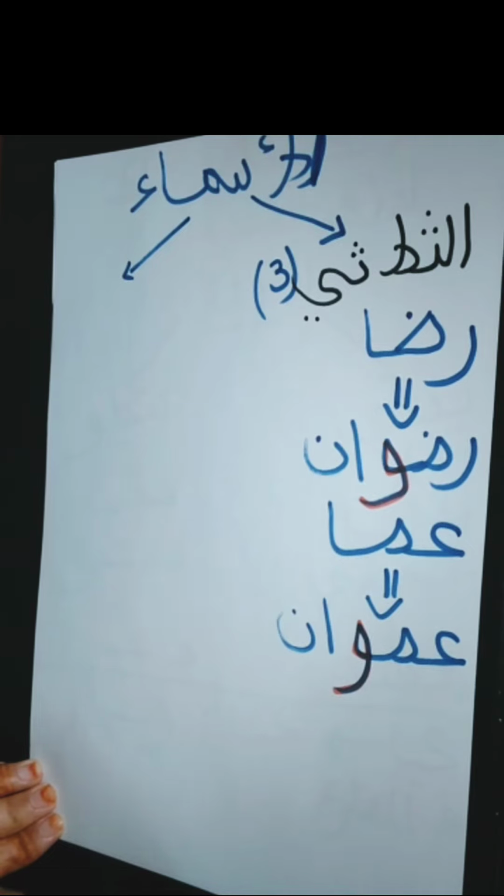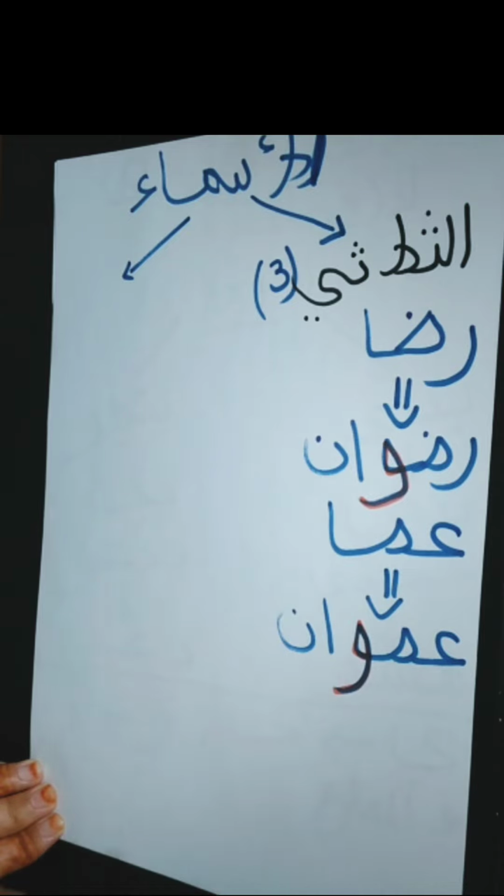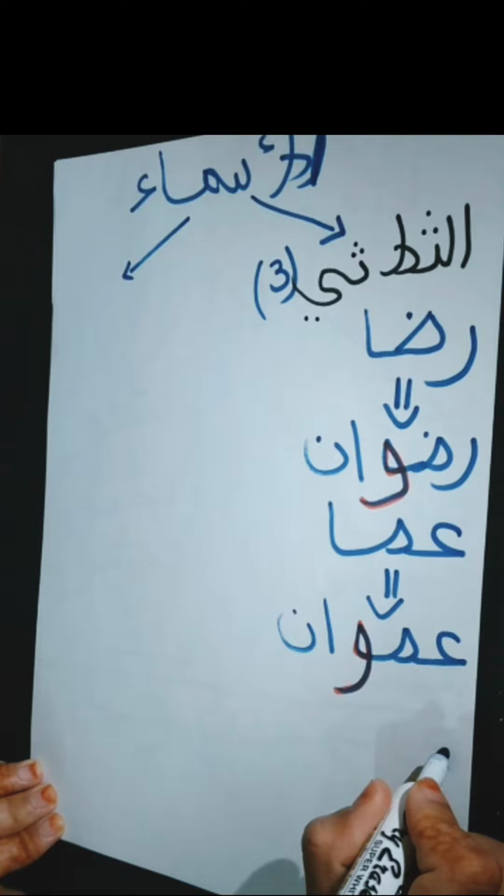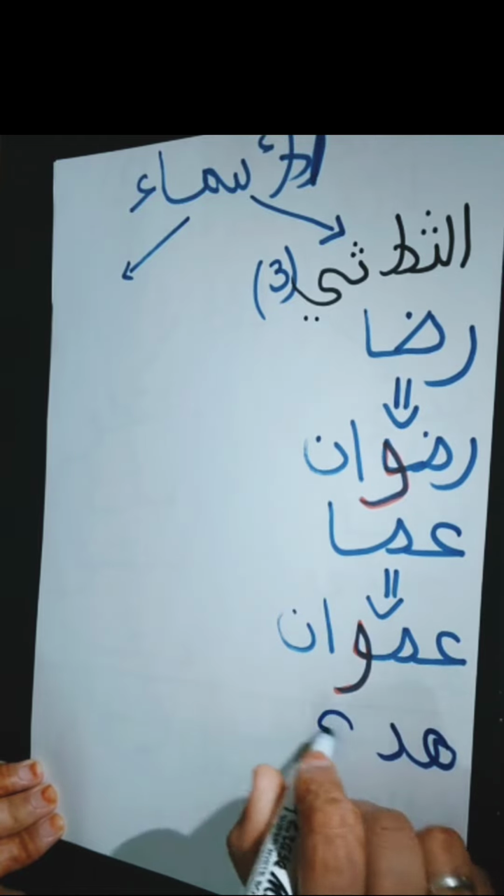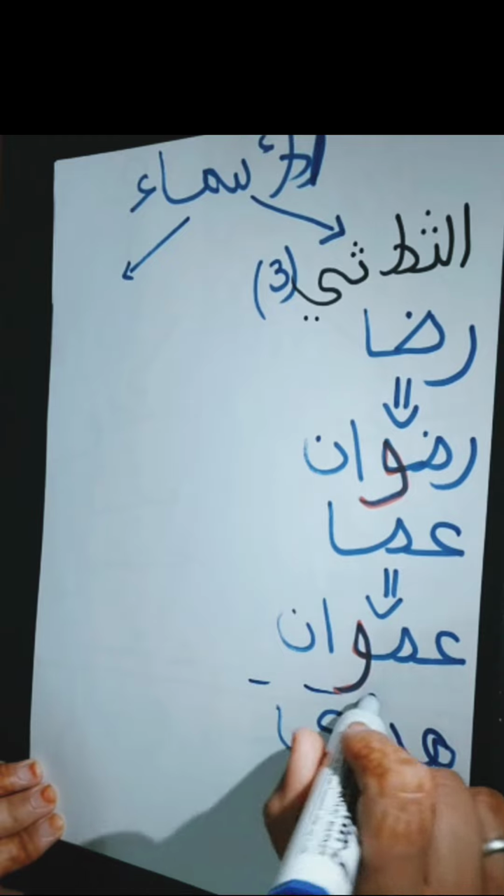Now we will stay with الأسماء الثلاثية. هدى, we write it with الألف المقصورة.